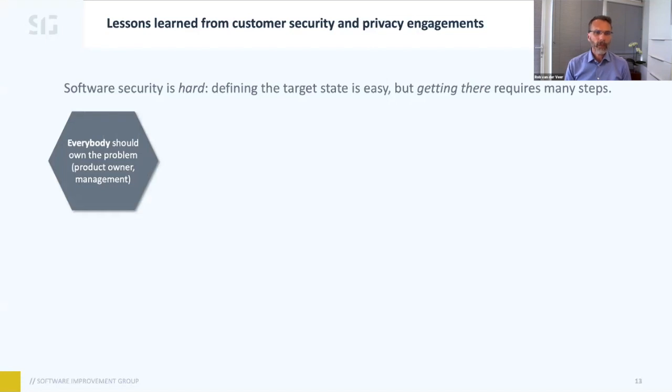It's about everybody. Everybody should own the problem. If you polarize the discussion, if you make it sort of a tug of war between business and IT, you will fail.